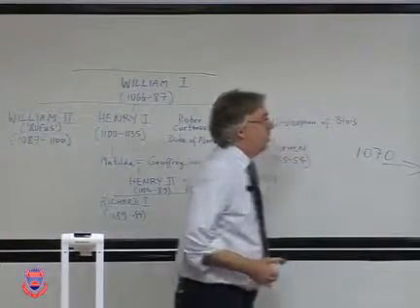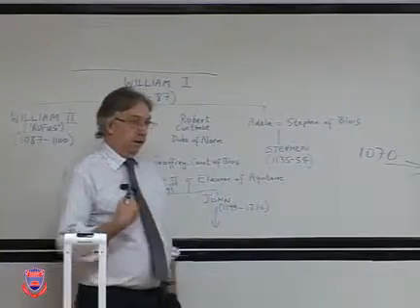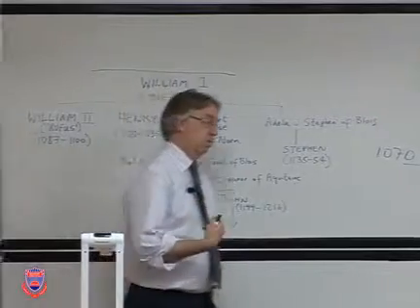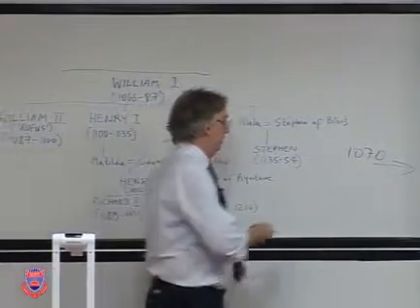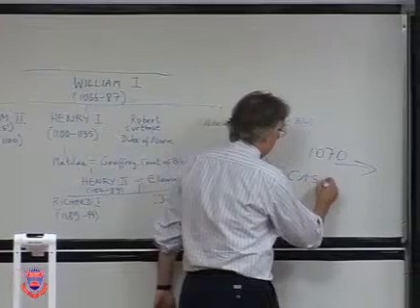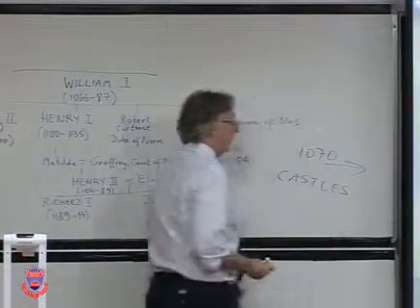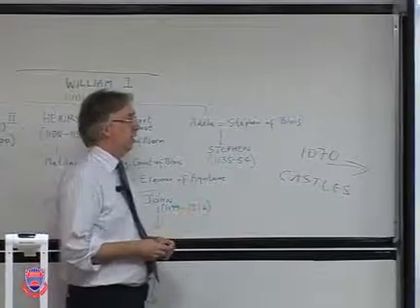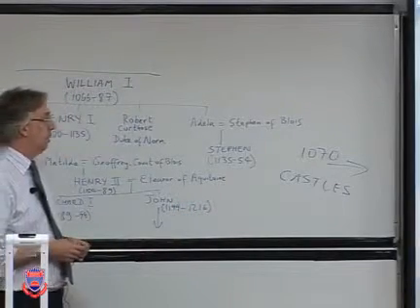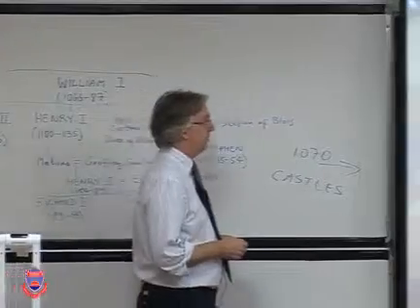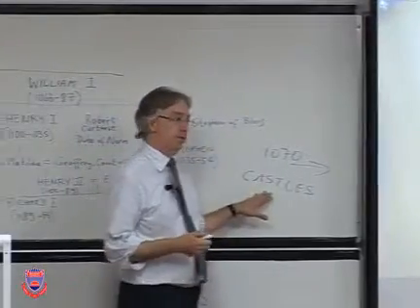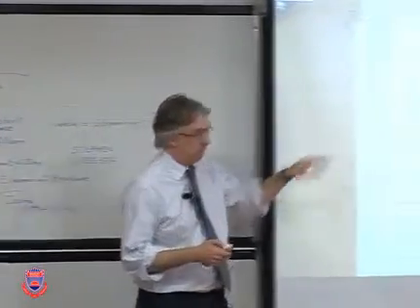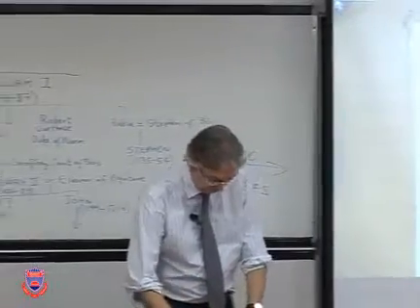They also embark on a program of building castles. Okay. One of the ways to strengthen your position is to build some kind of military fortification, wooden temporary ones at first, and then obviously more permanent fortifications later, which will be the basis for individual lords, but will also be the basis for royal power as well.